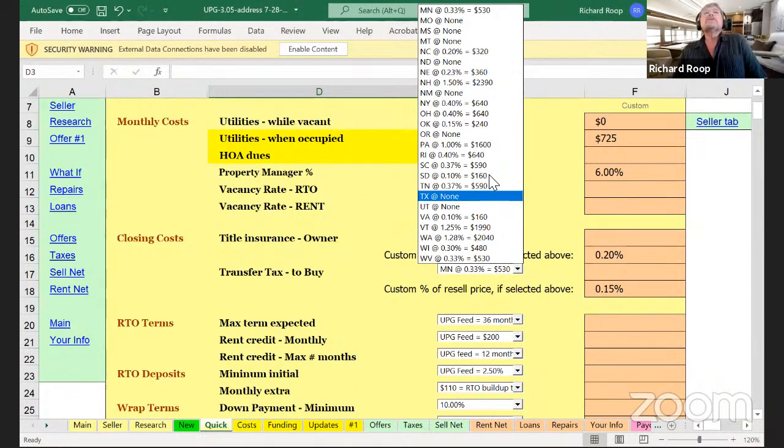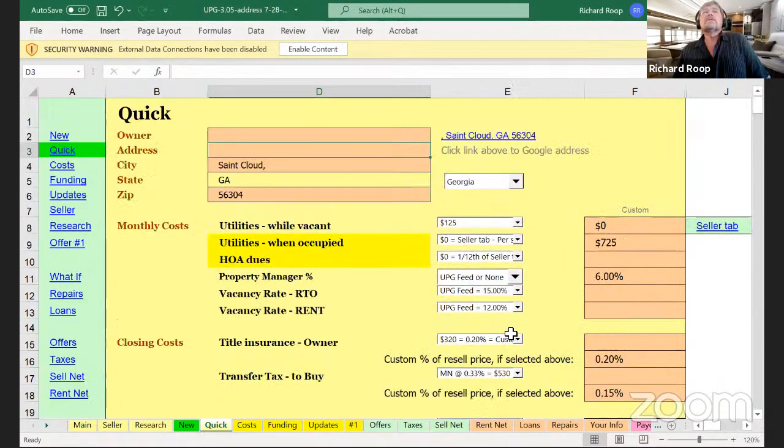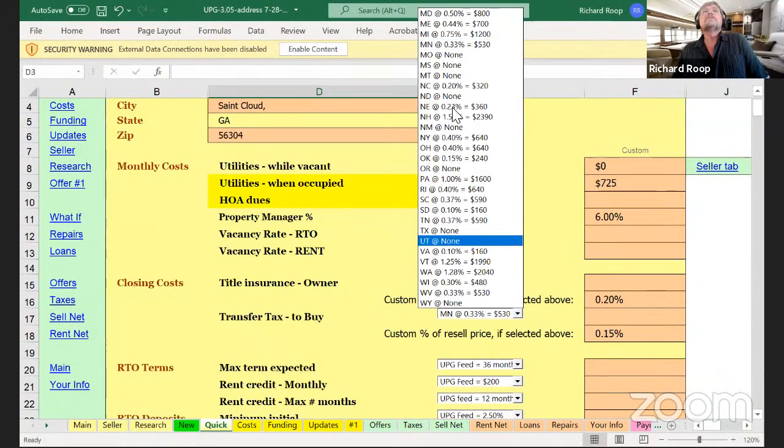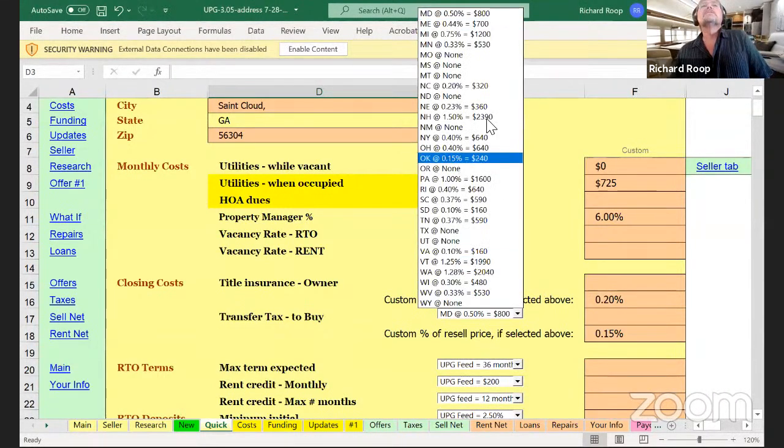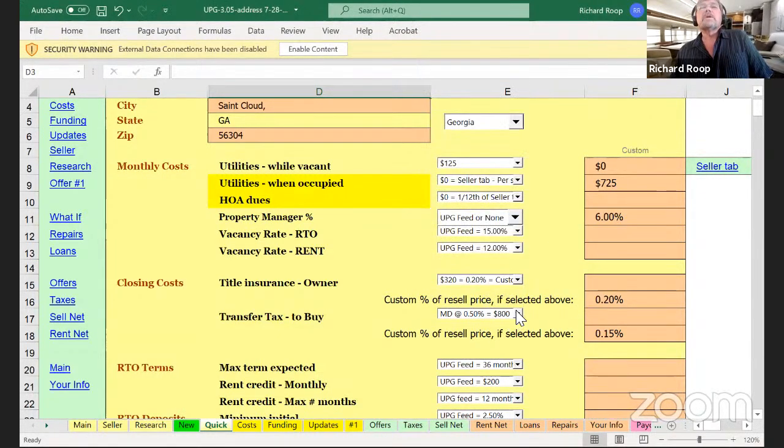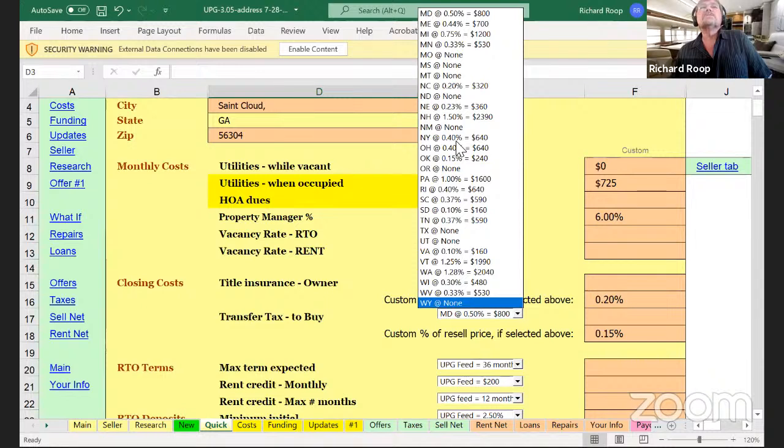And now this is in Georgia, in your transfer tax. It's not letting me go any higher, not letting me scroll. All right, what do you think the transfer tax is?